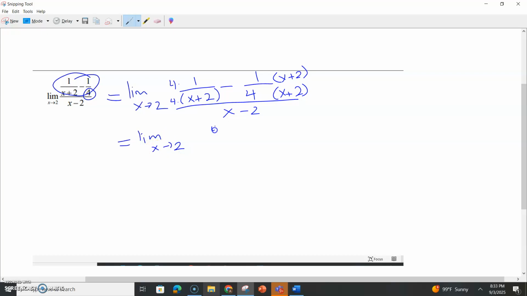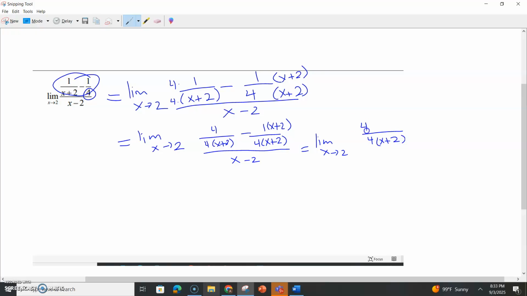So we get 4 over 4 times x plus 2 minus 1 times x plus 2 over 4 times x plus 2, all over x minus 2. Then we get the limit as x approaches 2, and because they have a common denominator, we can join them.